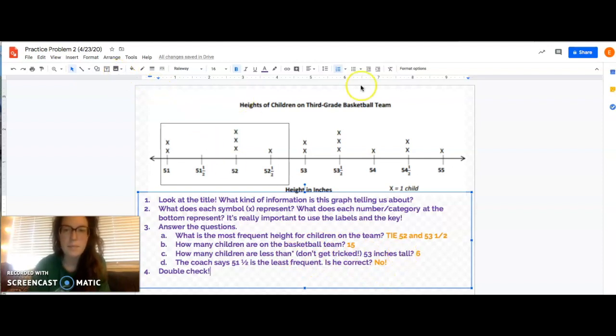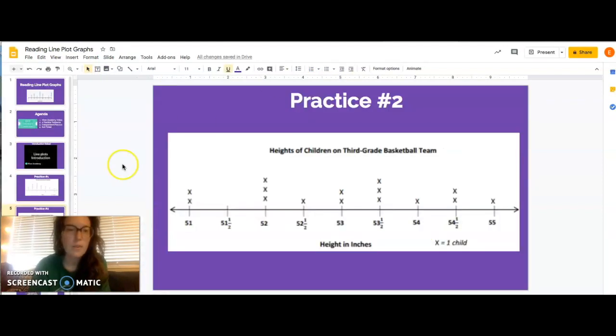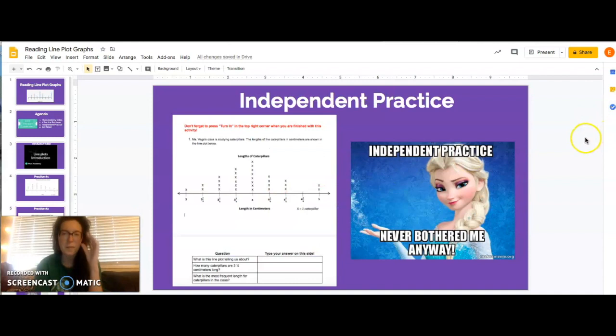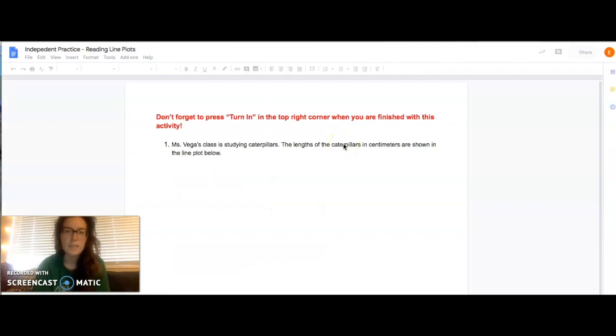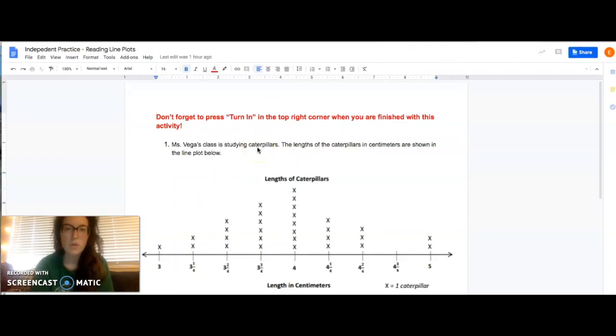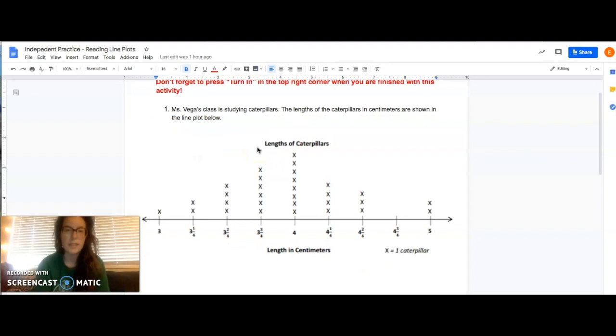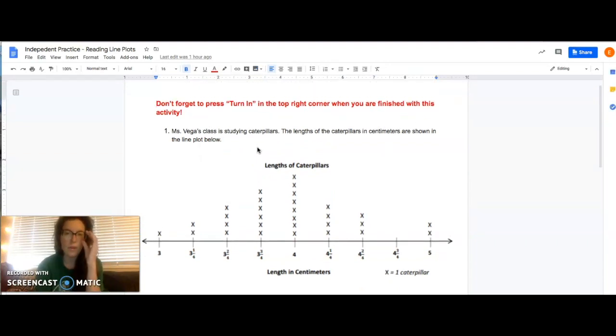Yep, awesome. All right. Now that we've done our practice problems together, it is time for your independent practice. So I'll click into that real quick just so you can see what it looks like. Again, don't forget to go to your Google Classroom account, and then when you click into the assignment, it will have this title, Independent Practice, Reading Line Plots.